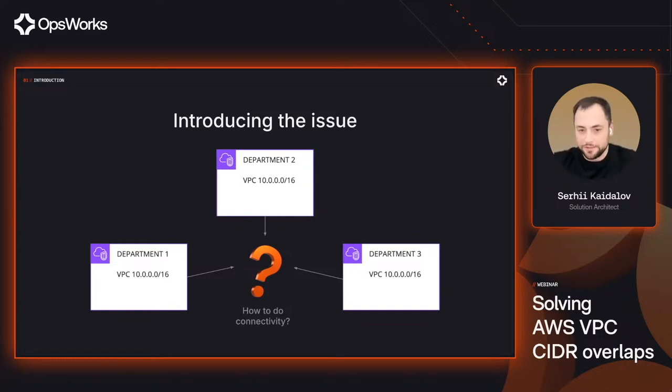Maybe less licensing cost, etc. And all of these companies, or some of them, have overlapping CIDR blocks, and that's preventing you from merging everything together and establishing communication between them. Another option is when you connect an AWS cloud environment with an on-premises environment.